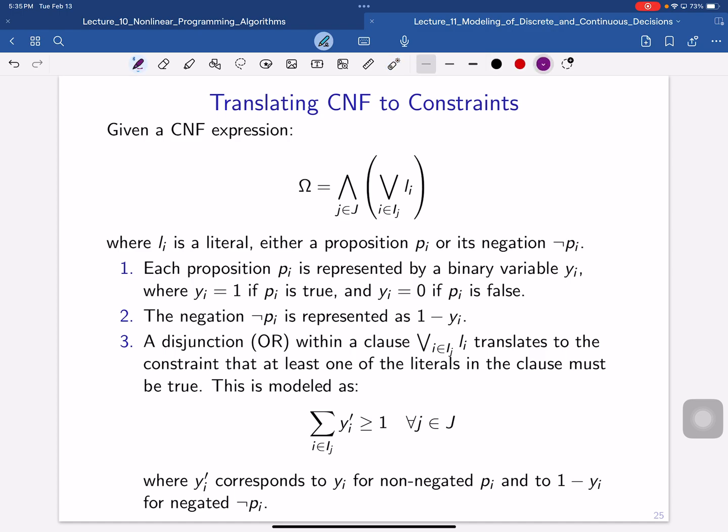For example, if you have P1 or P2 or negation of P3 as the OR operator, then that says y1 plus y2 plus, since you have a not in front of P3, 1 minus y3, is greater than or equal to 1. That's what it means.